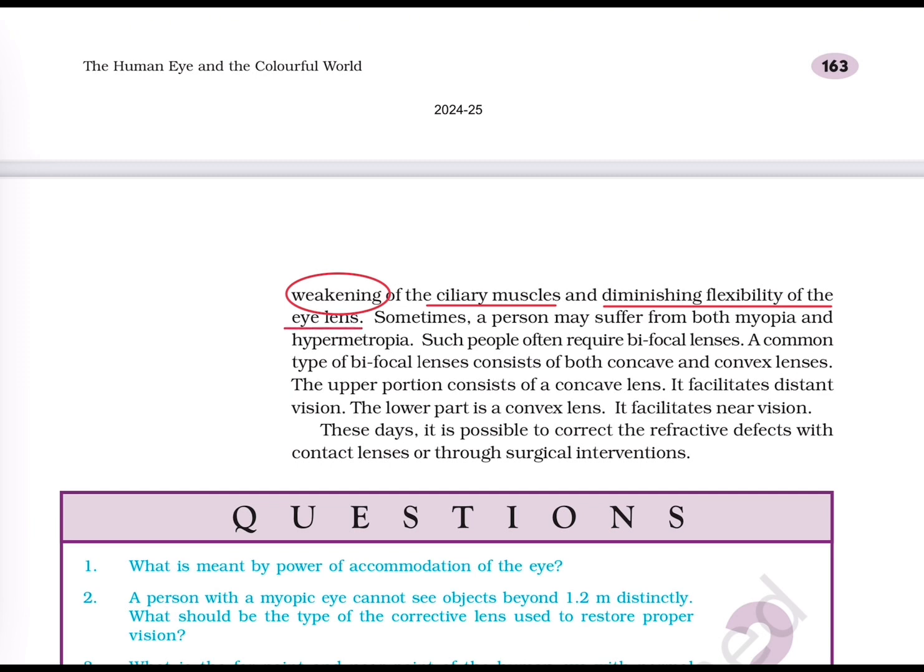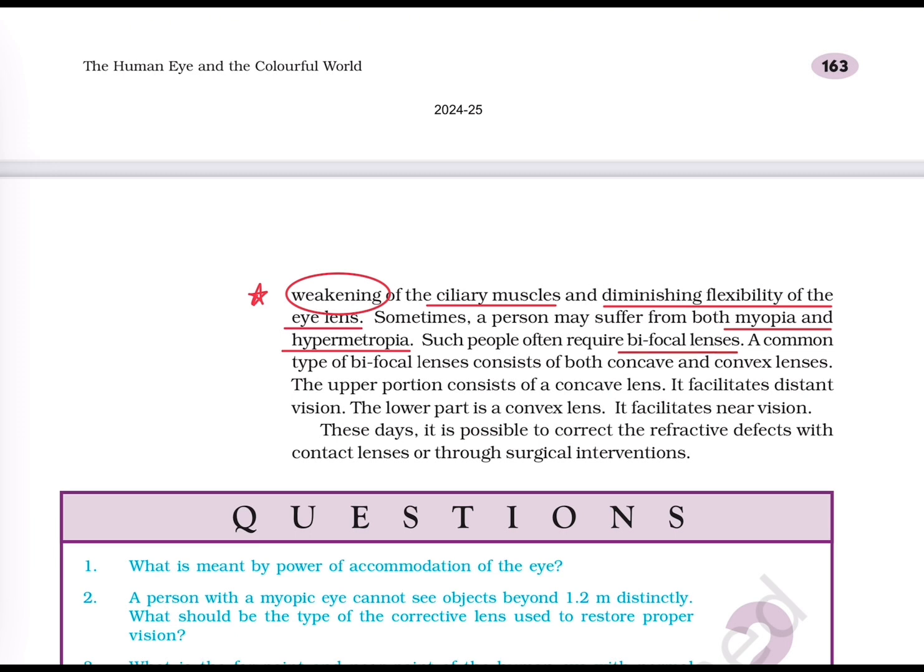So again, there are two reasons because of which presbyopia can happen. This is the condition where the person is suffering from both myopia and hypermetropia. So what will he require? He will require a bifocal lens.